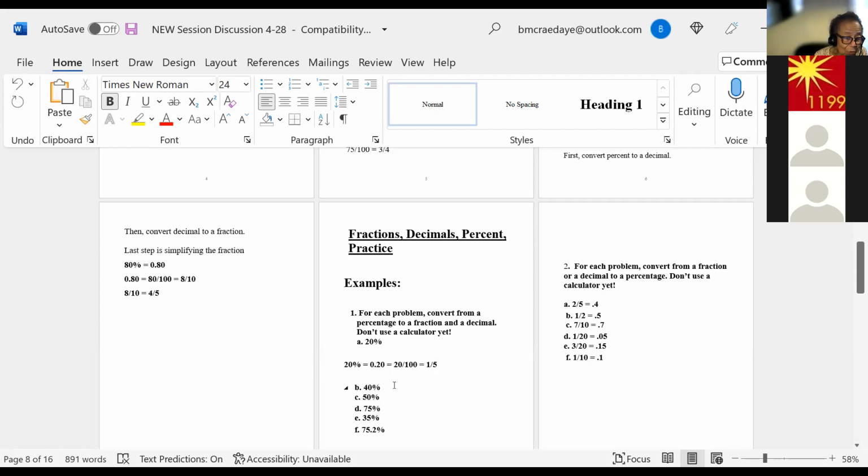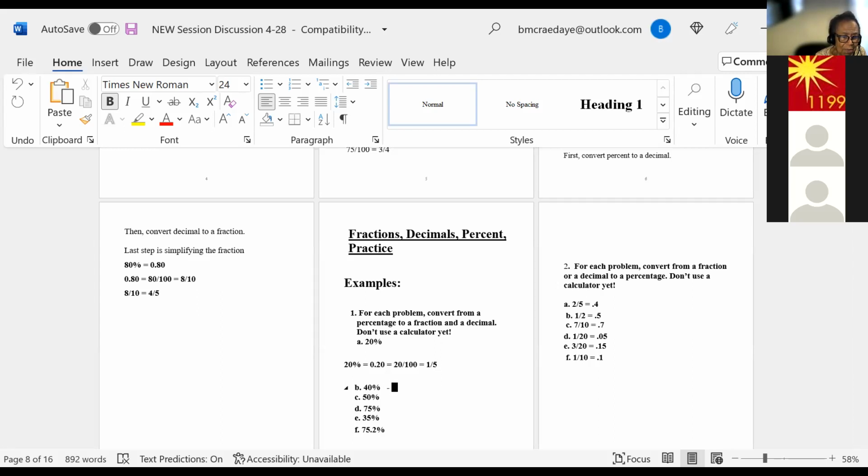So what would be 40%? Just give me the fraction, Mercedes. The fraction for 40%? If 20% is 1/5, 40% is going to be double 20%. So what's 2 times 1/5?